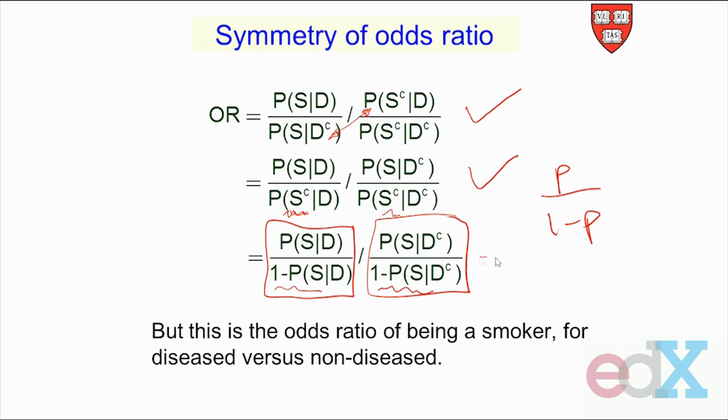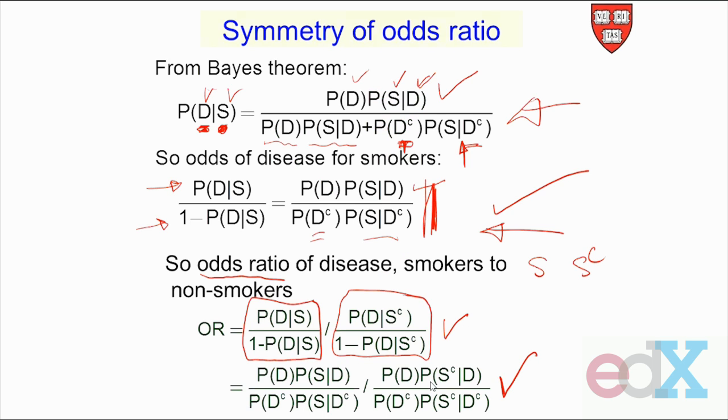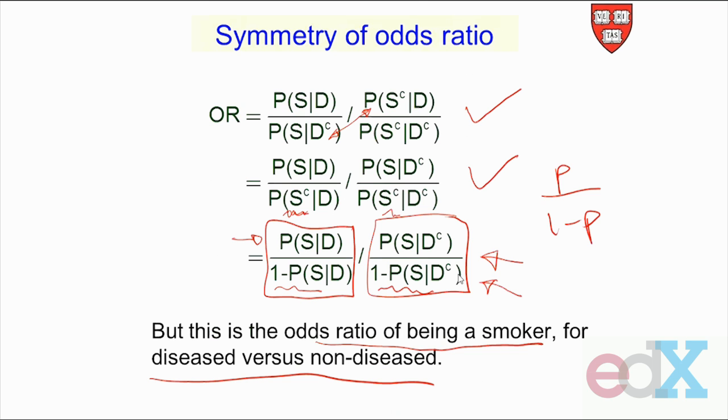So this is the ratio, so this is the odds ratio of what? It's the odds of being a smoker given that you have the disease over the odds of being a smoker if you don't have the disease. So this is the odds ratio of being a smoker for diseased versus non-diseased. We're sticking with the probability of being a smoker. It's the odds of being a smoker. So what we've done is we've gone from the odds of disease, smokers to non-smokers, to the odds of smoking given diseased and non-diseased.